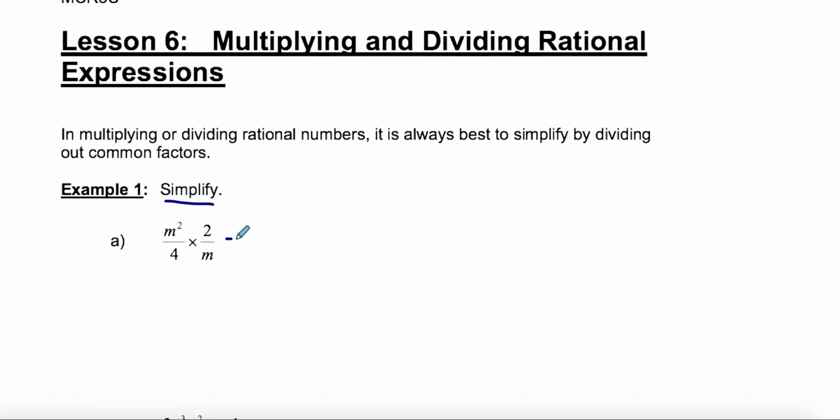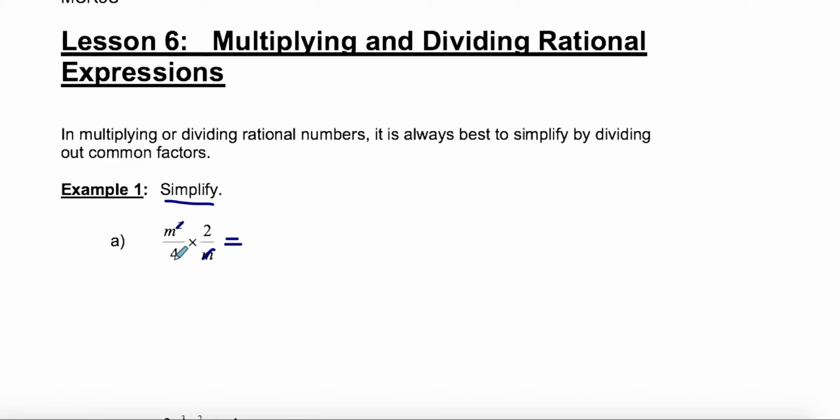So when we look at this one, for example, I want to reduce this as much as I can and just write what would be left as a fraction. There are different ways to do this. Not everybody has to do it in the same steps. But for example, if I have an m squared in the numerator and it's multiplication and an m in the denominator, even though it's in the second fraction, I know that those m's cancel and I would only be left with 1 in the numerator.